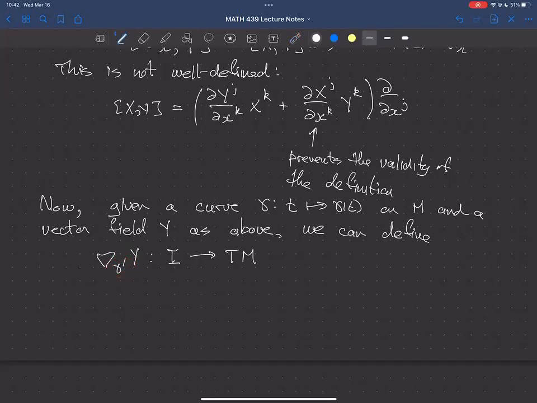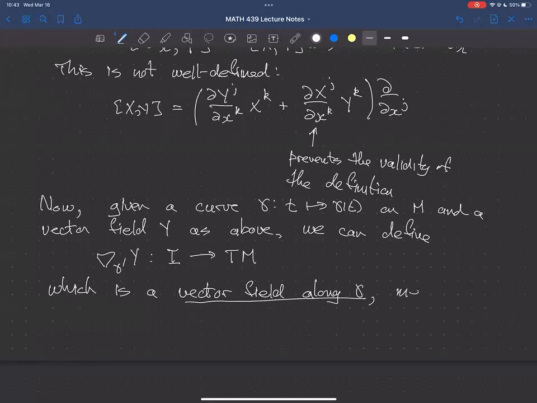We can define this thing, which is a vector field along gamma. What I mean by that is that nabla gamma prime y at t is in the tangent space at gamma of t.